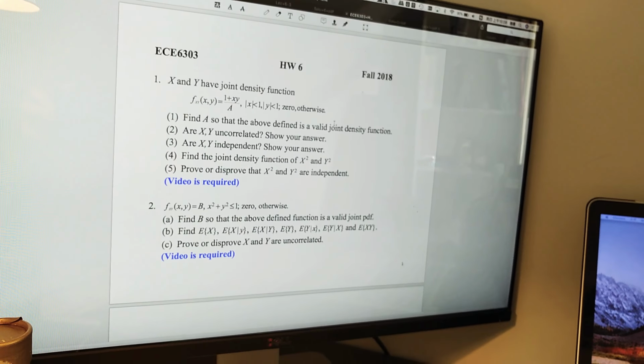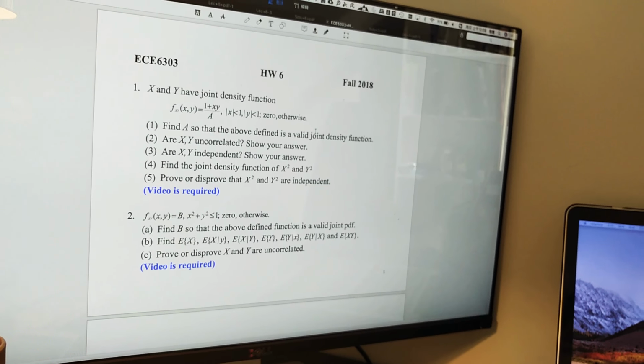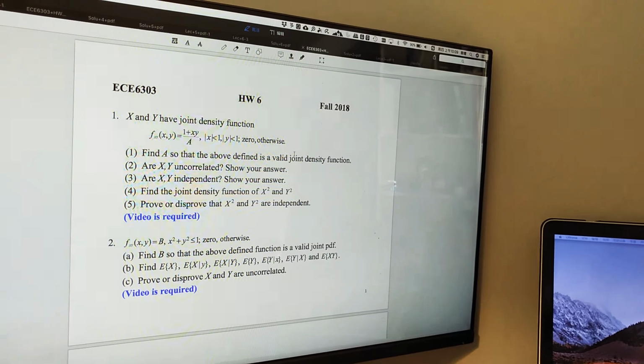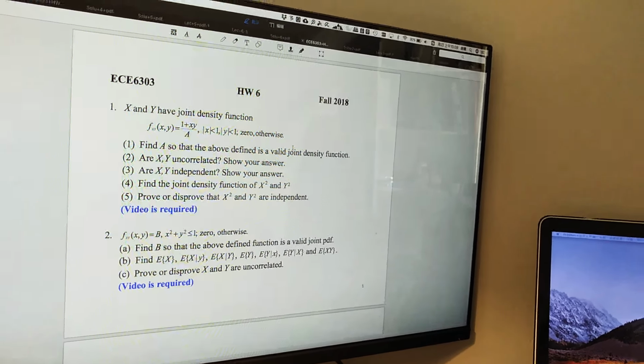And the first question is to find a, so that the above defined function is a valid joint density function.